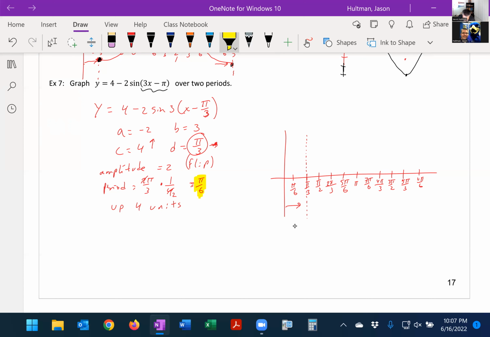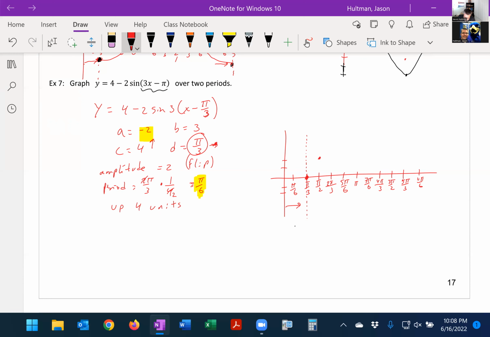Okay, now we're going to stretch this thing. The amplitude is -2. So let's deal with the amplitude first. If I go up 2 and then down 2, at pi over 3, if it's a sine value, I would have started at 0. And for the next reference point, I would have gone up 2 because it's a stretch of 2.